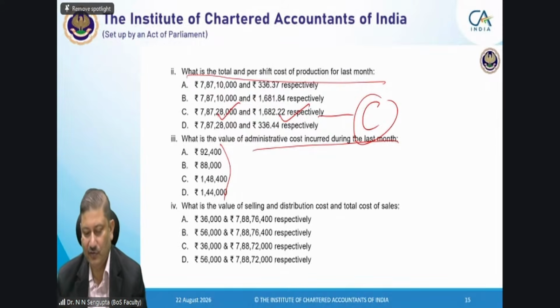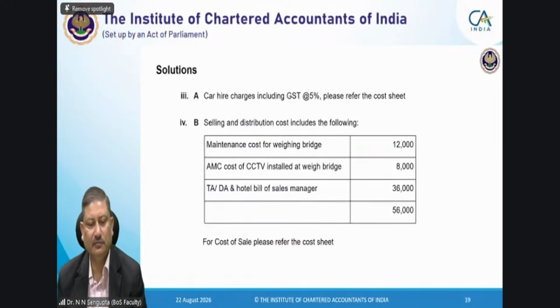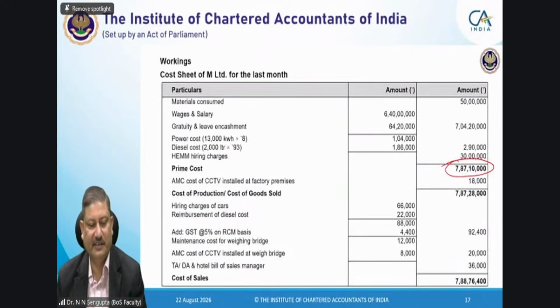So now let's go for the third one, the administrative cost. The card charges are basically the administrative charge cost.